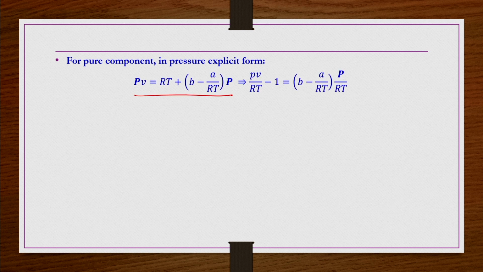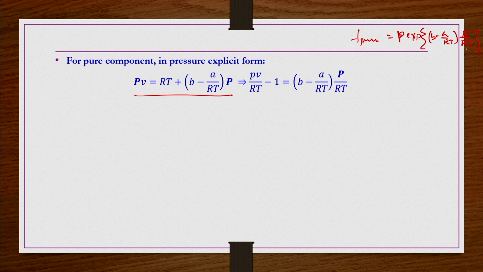We have taken this van der Waals equation of state, PV equals RT plus (B minus A by RT) P. For this equation of state, we have already written it as a kind of volume explicit form, and then we obtained the fugacity of that pure component i, and we got the answer as f pure i equals P exponential of (B minus A by RT) P by RT. This is what we have already got.